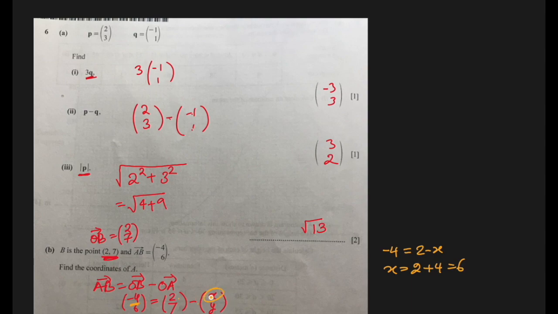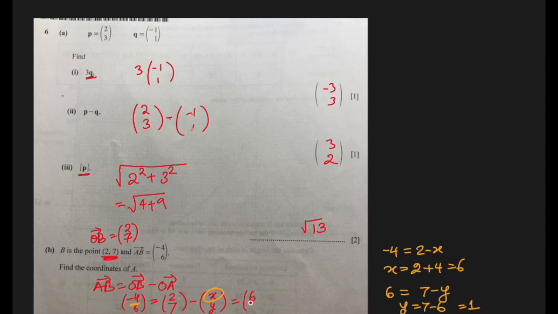So this X is 6. Similarly, 6 here equals 7 minus Y. By the same process, Y equals 7 minus 6, which is 1. So X is 6, Y is 1.